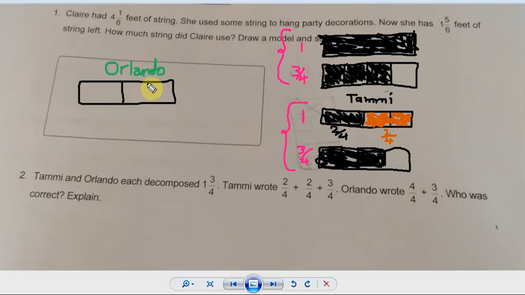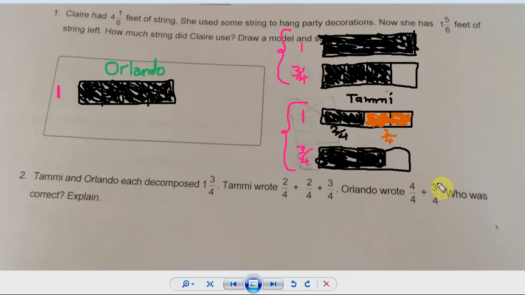We cut it up into 4 equal parts. Now how many did he get here? 4/4. So we have to shade 1, 2, 3, and 4. So Orlando shaded all 4/4. In other words, he shaded the whole.